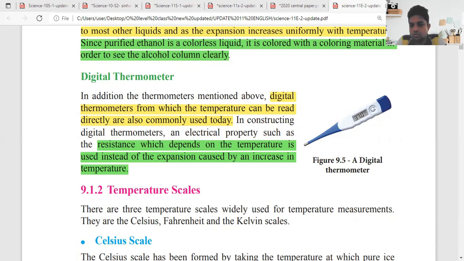So here they have explained the theory behind that. The easiest way is we can directly read the value without any issues. Here we are not focusing on the expansion. Previously we focused on the expansion, but here it is the resistance which depends on the temperature.